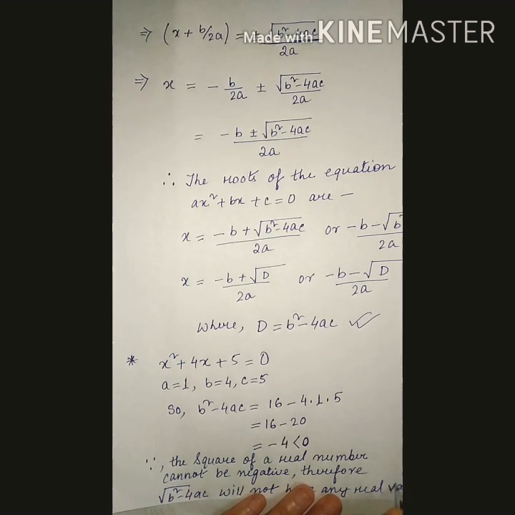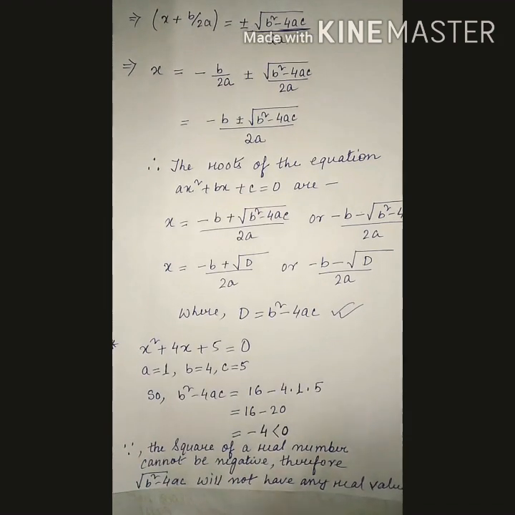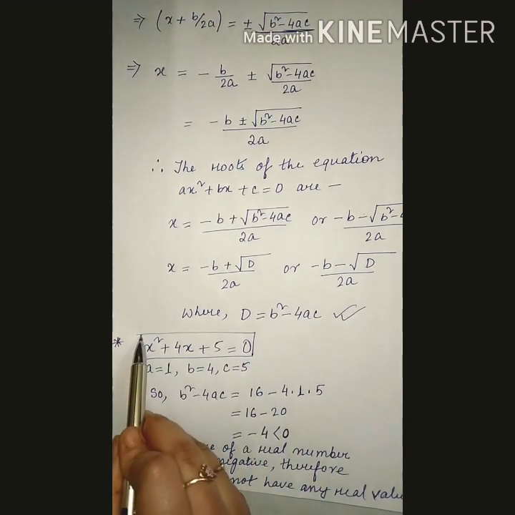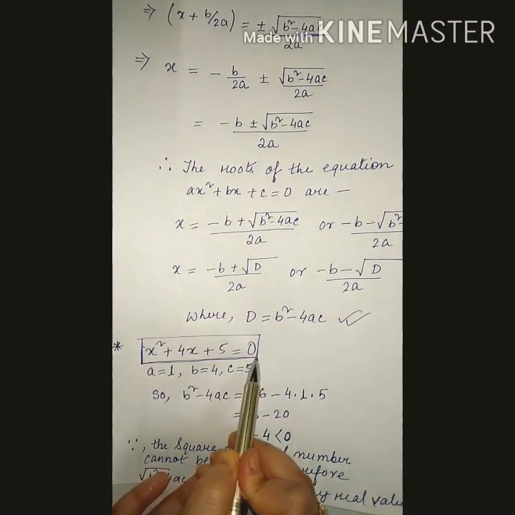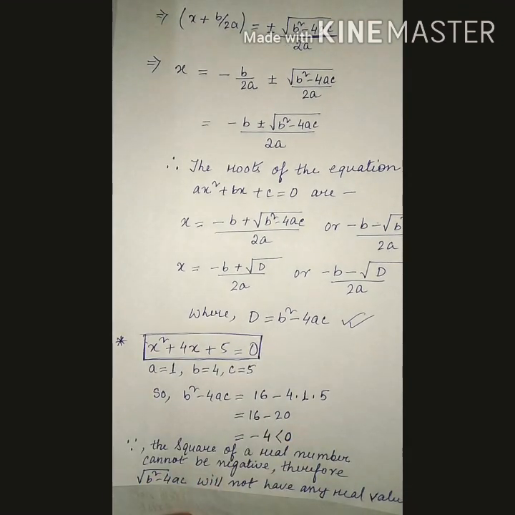That means you are getting it as root over of minus 4, that is not a real number. So that means the equation will have no real roots. This equation will have no real root. In this way you can check whether you will get the solution as real or not. This one you will need in exercise 4.3 question number 2 and completing the square method in 4.3 question number 1.